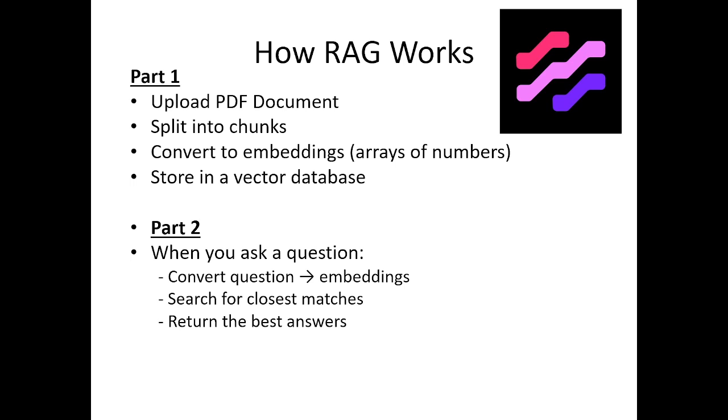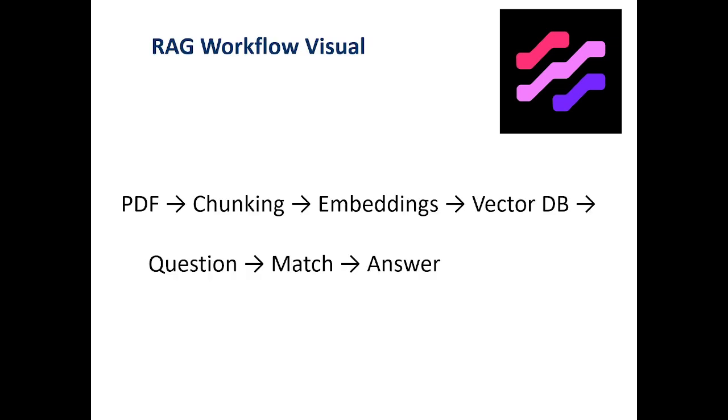Part 1 is done generally once, or only whenever there is some change in the document. Part 2 is any time you can ask questions. To make the flow a little clearer: upload the documents, PDF or Word document, then the system cuts it into multiple blocks and transforms them into something called embeddings and saves them in a vector database.